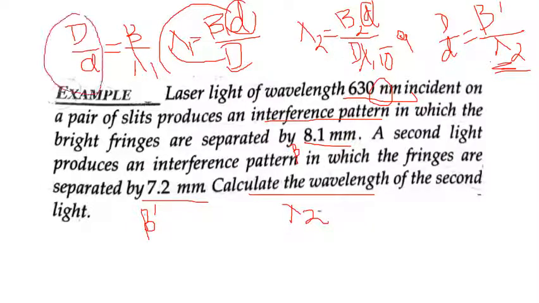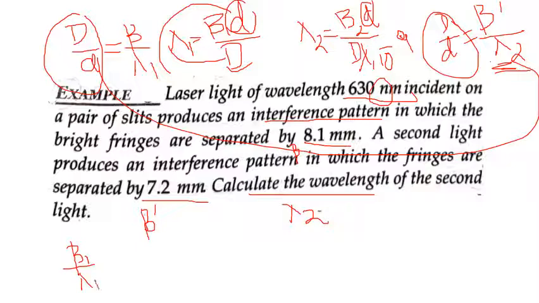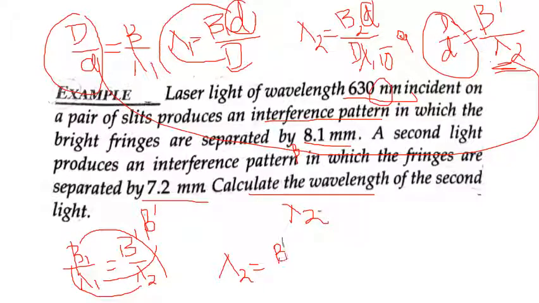Now since these two are equal, you can equate these two values. So I have beta by lambda 1 equals beta dash divided by lambda 2. They have asked you to find this lambda 2. Send this beta to the denominator, wavelength to the numerator. So I can write lambda 2 equals beta dash divided by beta, into lambda 1.